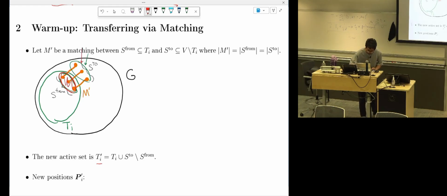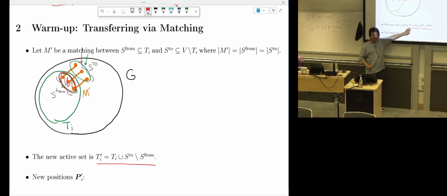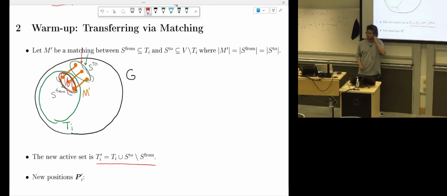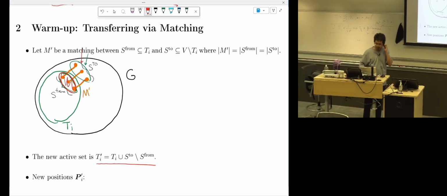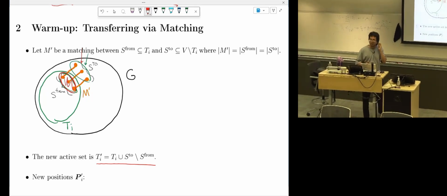This is how you can imagine the new active set. And then you imagine that you really transfer the vector from each of these guys to these guys.